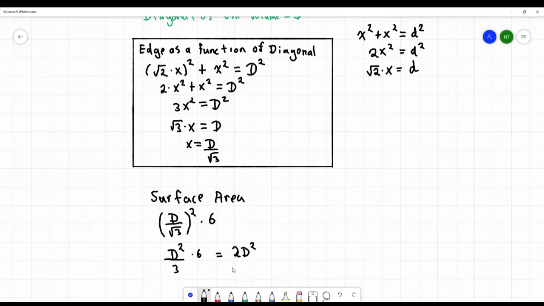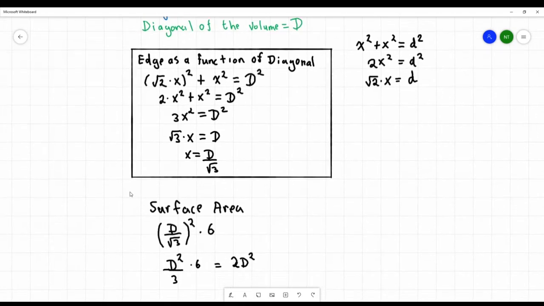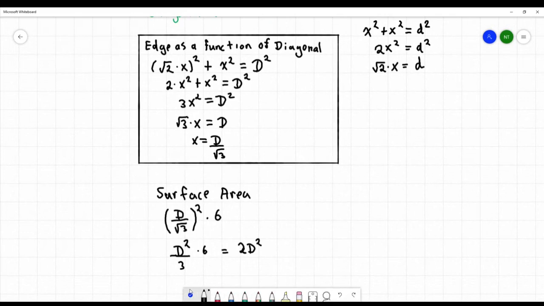Okay, so that's our surface area. So that's it, guys. We just plug it in and we get the answer. Let me just box this guy up as well.